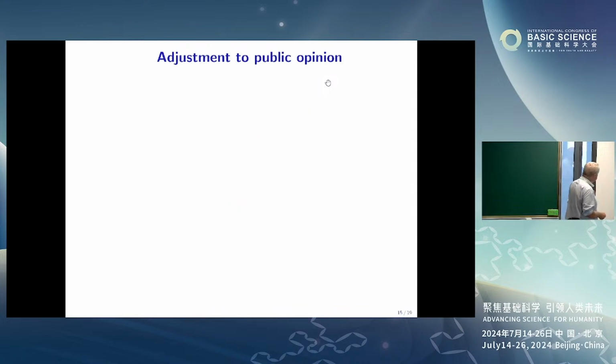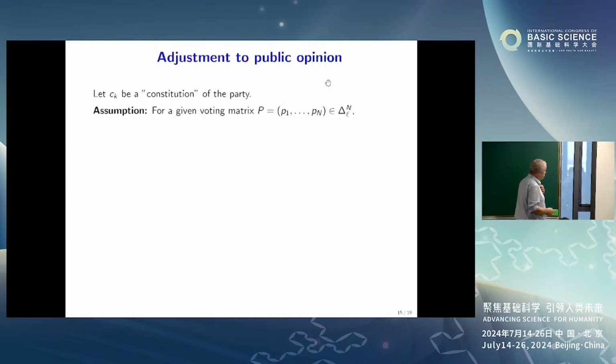The problem now is that the positions of the parties can be different.